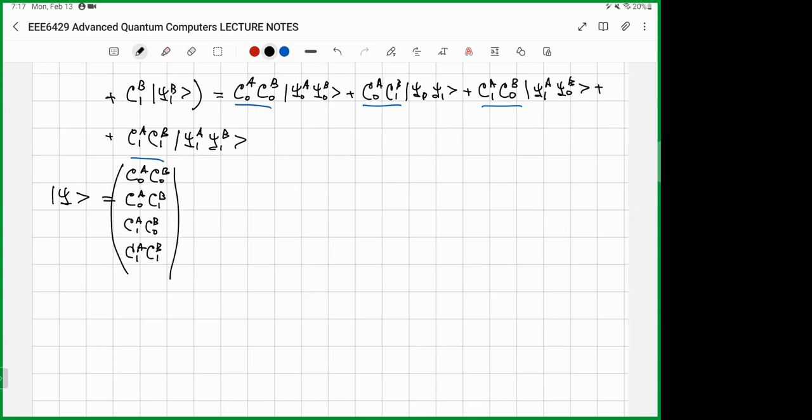This is the same vector written as a column of components. And my basis became four-component, psi i, psi j, A, B, the vectors like this.